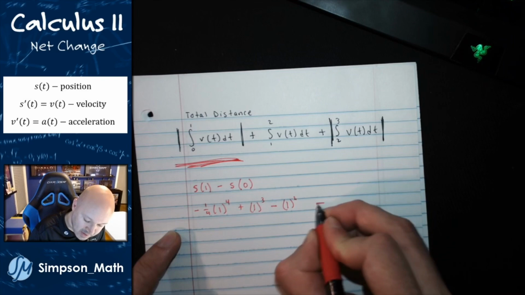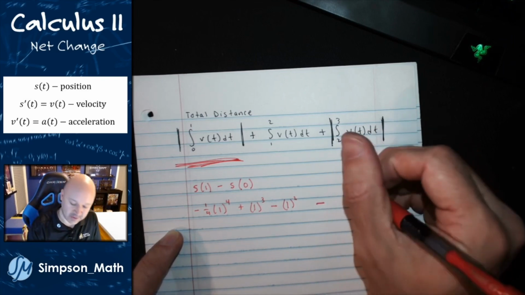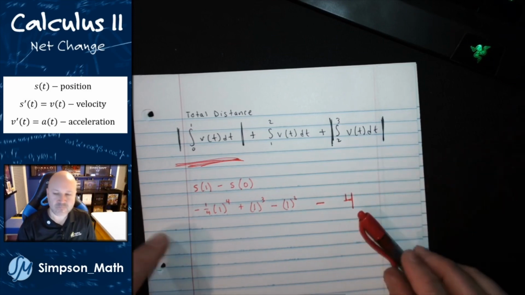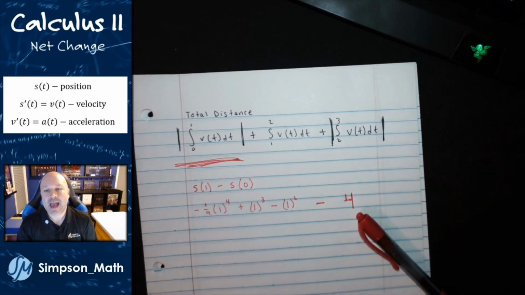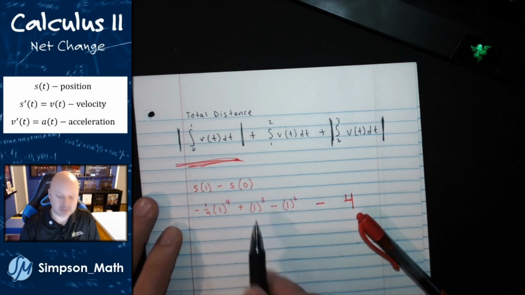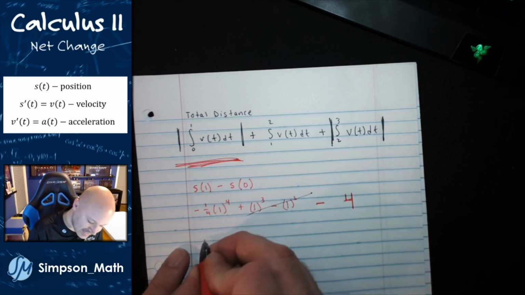And then from that, I need to subtract the initial position, or that 4 value. I wouldn't have to include the c here, but let's do it. Okay, well that's 1 minus 1. These two cancel each other out. So really all I'm having to worry about is this negative quarter.